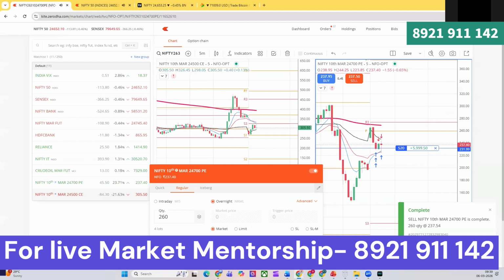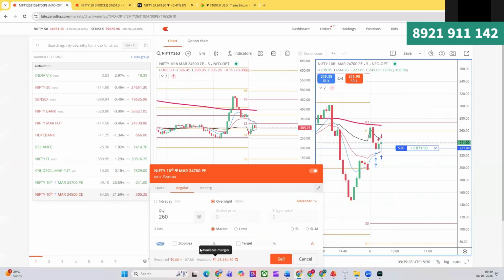Reduce some at 237. Come on now. 250 if we get it, it's good. Yeah, and now it's coming. That's just a shakeout move. Some of you might have panicked and exited.